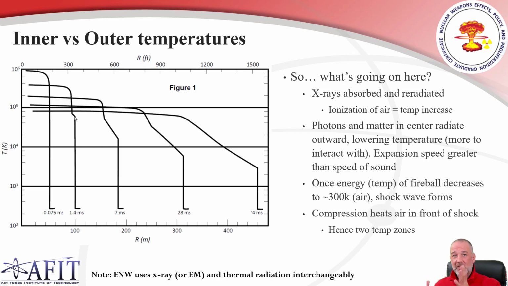But that pressure front has just the right properties that it's absorbing all of the visible light, most of the UV as well, and some infrared. It's absorbing it all, so it never gets past that shock front. So what we end up seeing is just the light from the shock front, and it's at a much, much lower temperature than that inner fireball.